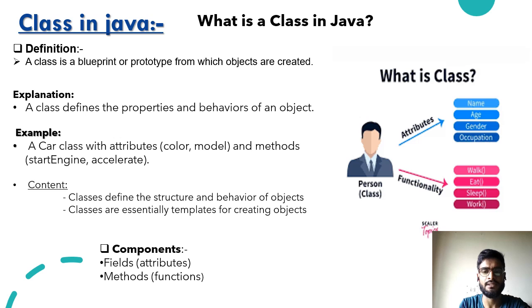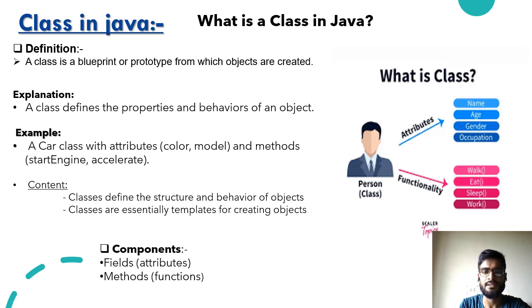Now, in this slide, we'll see what is a class in Java. According to the definition, a class is a blueprint or prototype from which objects are created. And according to the explanation, a class basically defines the properties and behaviors of an object.